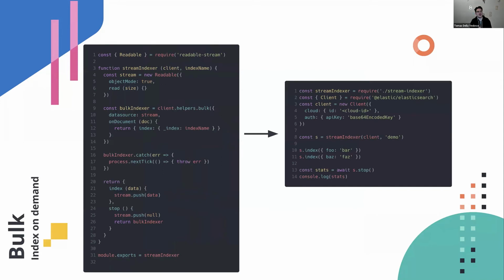There are cases where you may need to index data on demand. So you do not have all the data on disk, but you are reading it from Kafka, for example, or from other resources. What should you do in that case? Well, the easiest thing to do is to create, as you can see here on the left, a utility function.